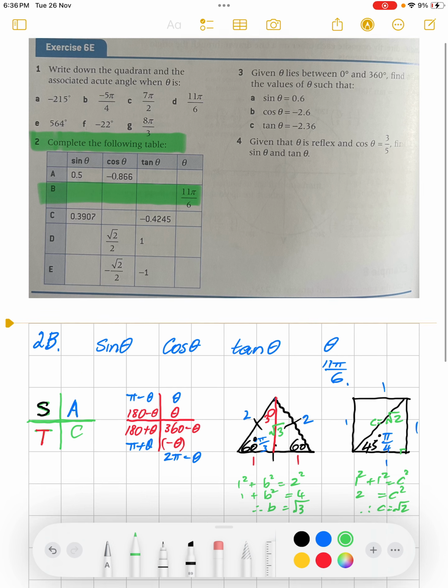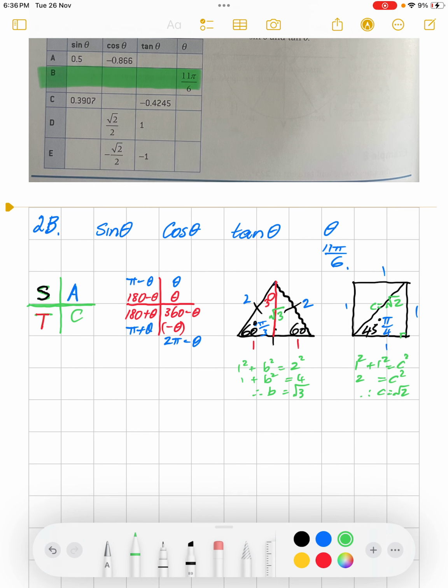Right. There's my resources. Let's start. Now, 11 pi over 6. Well, where is 11 pi over 6? Remember a previous exercise? Each clock position is like pi over 6, 30 degrees.